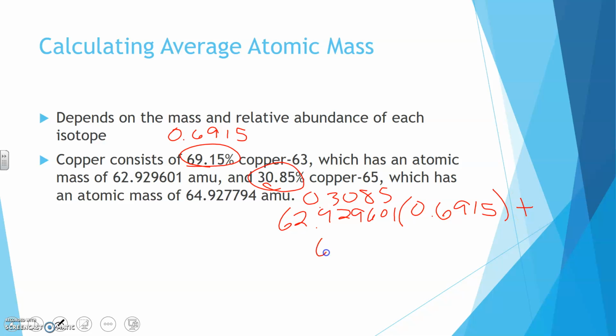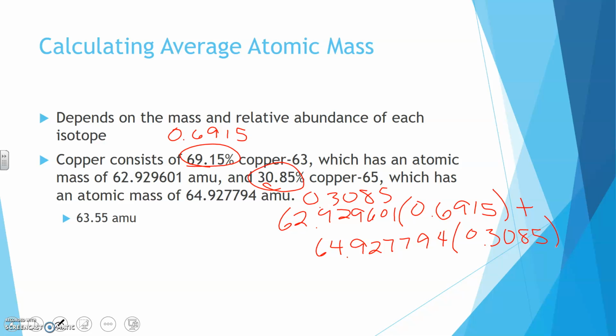So we have our 64.927794, and that decimal is 0.3085. Okay, so once you plug that into your calculator, multiply each atomic mass unit by its percentage in decimal form and then add them together, and you get that the average atomic mass for copper is 63.55 atomic mass units. Obviously that's rounded, okay?